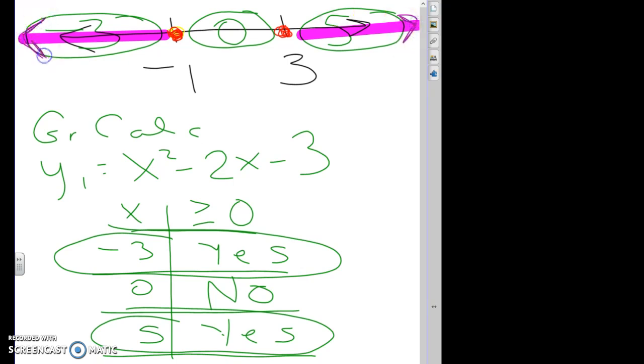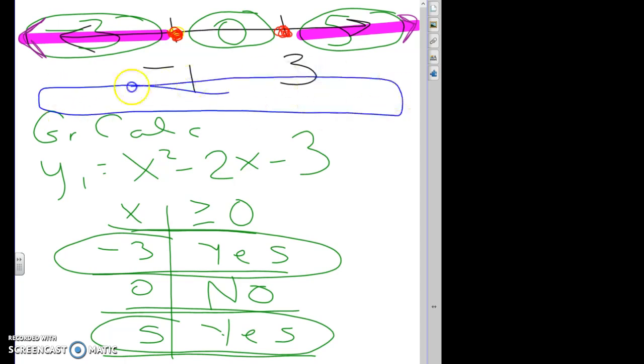Not the middle, because it was a no. And so my interval notation, I'm going to squeeze it in up here: negative infinity to the negative 1, bracket, union with, bracket, 3 to the infinity. And remember, we're putting the numbers that were on those first marks, not the numbers that we tried in the table.